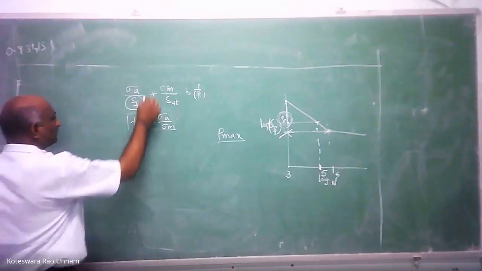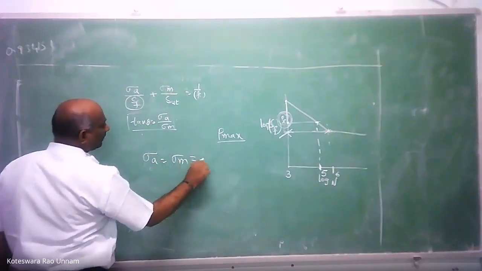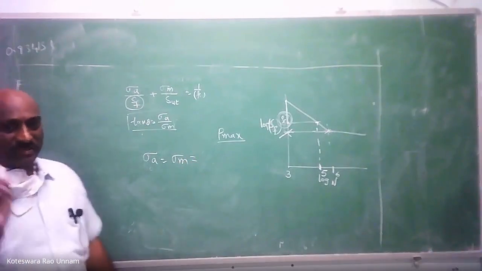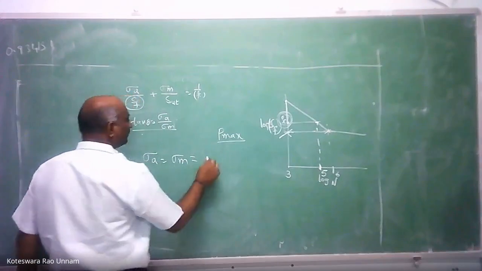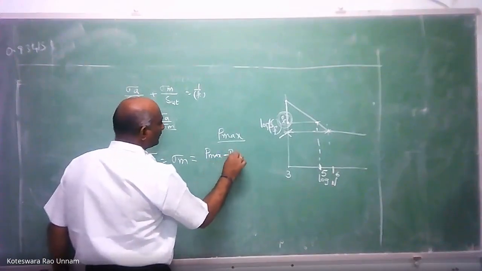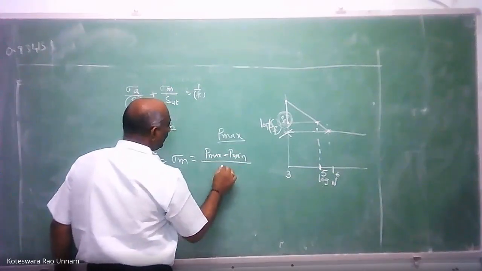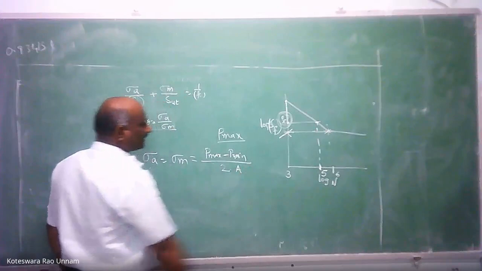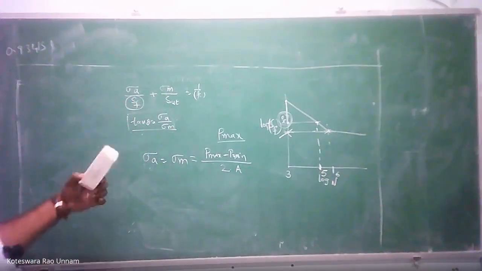In this particular problem, you will get sigma A equal to sigma M. Why? Because your P minimum is 0. Sigma amplitude is nothing but P max minus P minimum divided by 2 into the cross-section area. P by A, the formula for stress, is load by area.